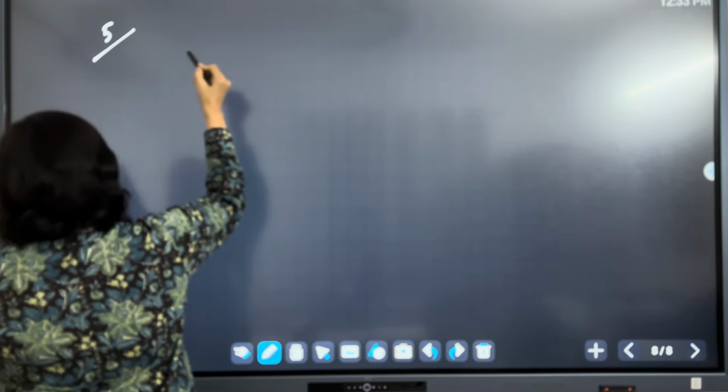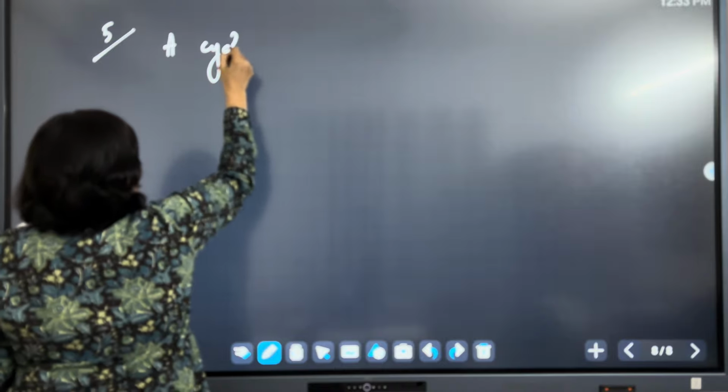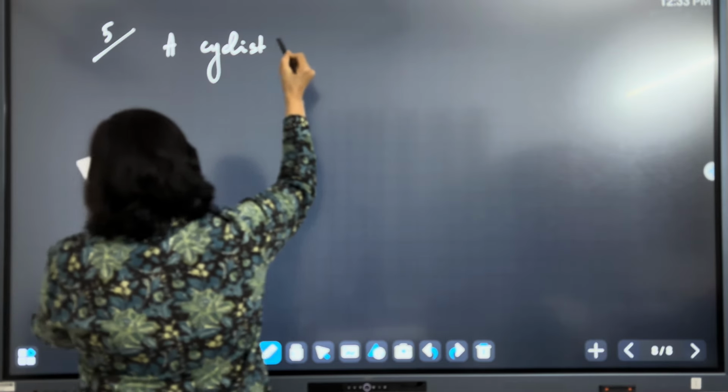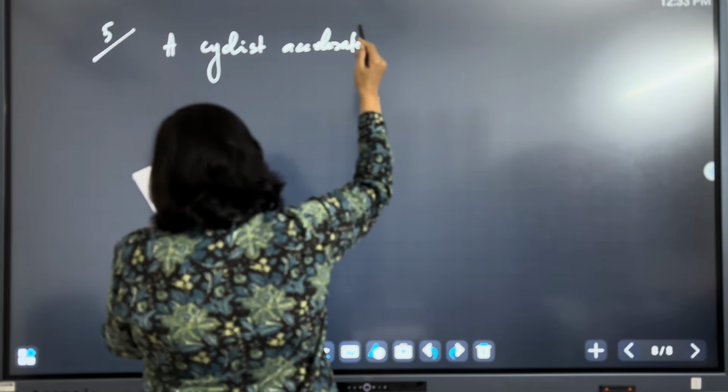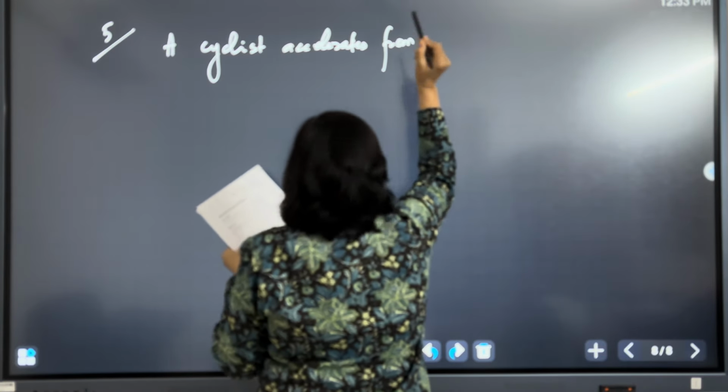It's a 2-stage motion. A cyclist accelerates. Okay, please all of you do it yourself and then match with my solution.